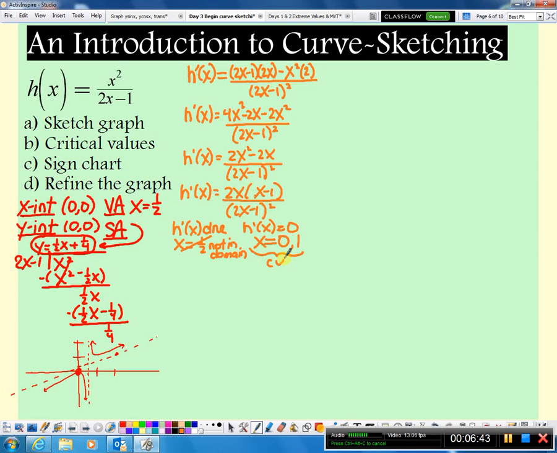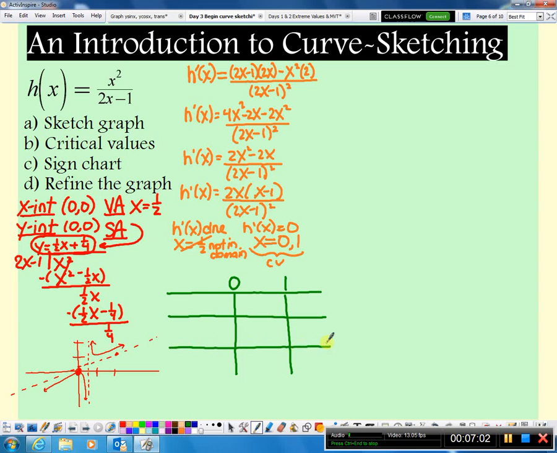So I need to put 0 and 1 on my sign chart. I'm building here. So less than 0, let me pick -5.